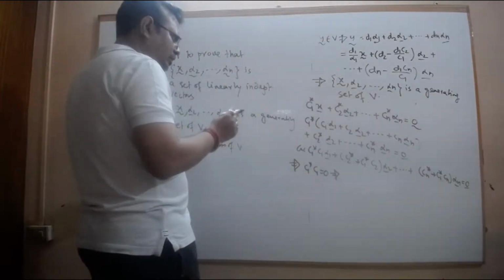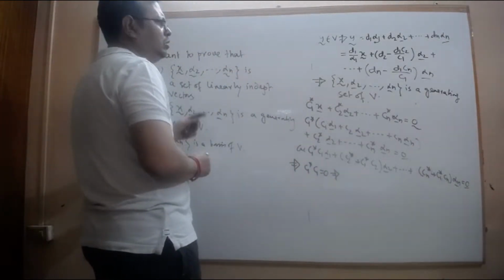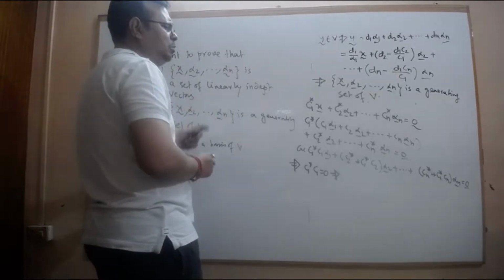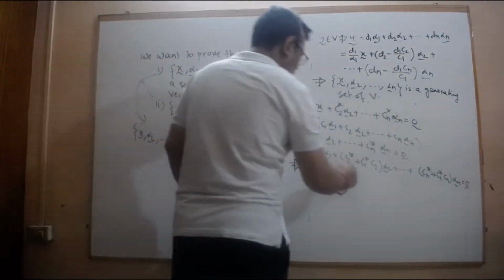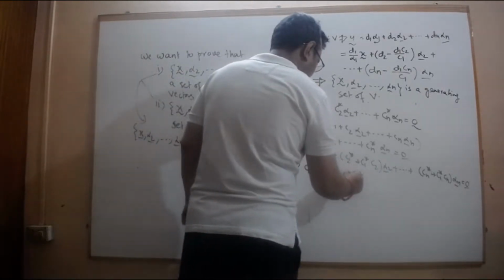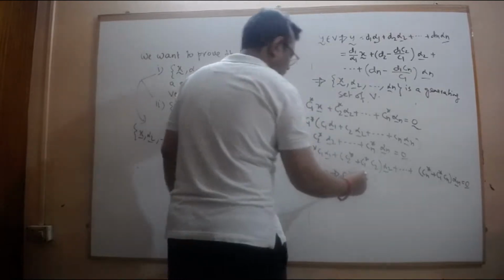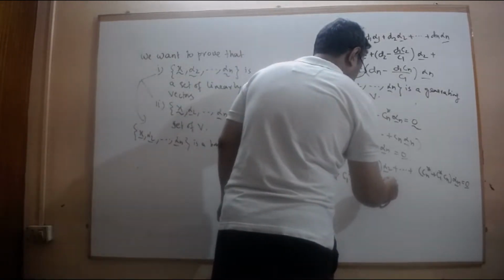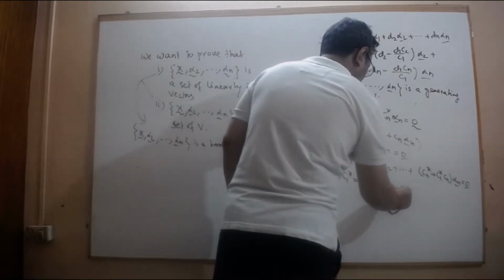Since C1 is not equal to 0, because without loss of generality we assume that C1 is not equal to 0, from equation number 1 this implies C1 star equal to 0.